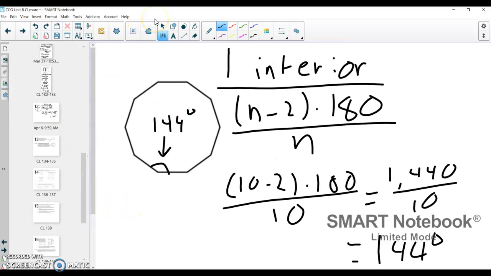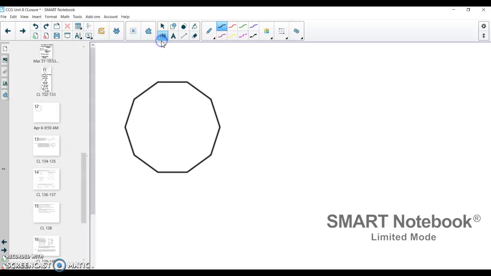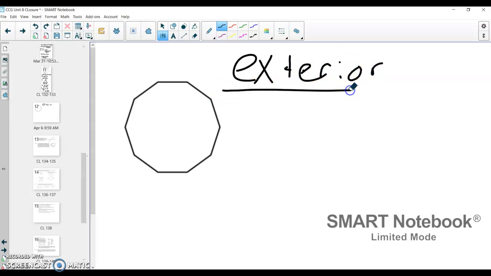The other one we have done is exterior angle. I think exterior angle is the last one that we've talked about. To find exterior angles, there are two different ways. If it's a regular shape, where it's got all equal sides and all equal angles, this is your exterior angle.